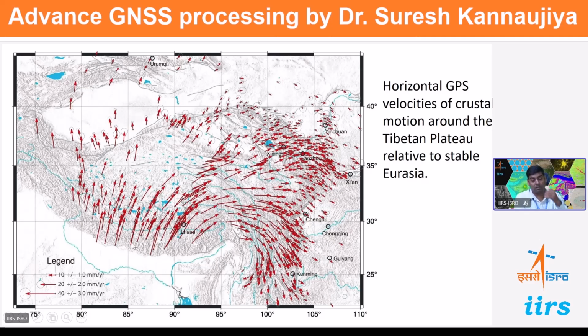You can also see the direction. The direction is clockwise. So this Eurasian plate is moving in a clockwise direction, and our Indian plate is moving in an anti-clockwise direction. These two phenomena have already been proven by GPS only, showing how our plate kinematics works globally.